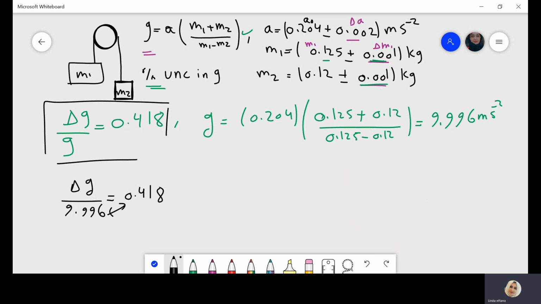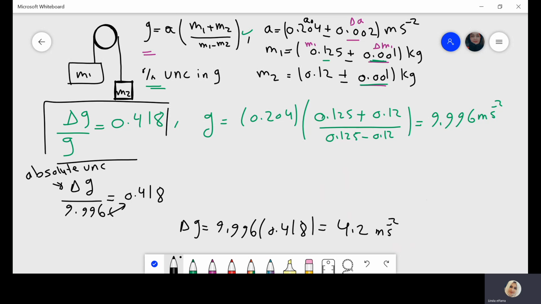Cross multiplication, and you should get the absolute uncertainty in G. So the absolute uncertainty will be 9.996 times 0.418, and this will give me 4.2 meters per second squared.